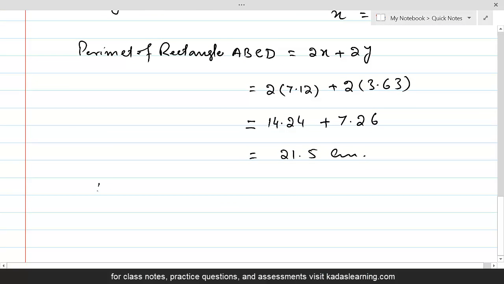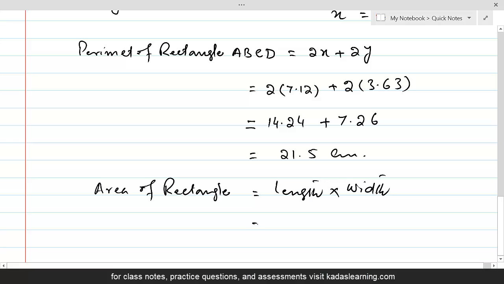Area of the rectangle would be equal to length times width, which is 7.12 times the width, 3.63, and this will give us the area, in square centimeters.